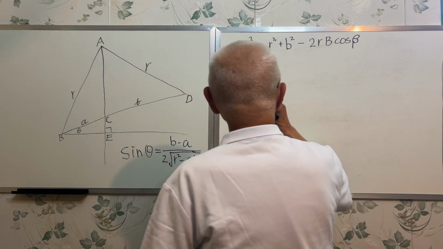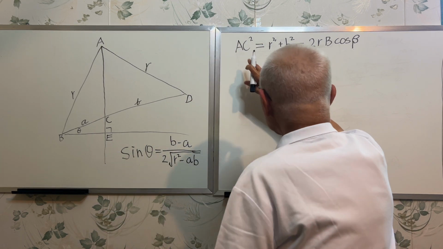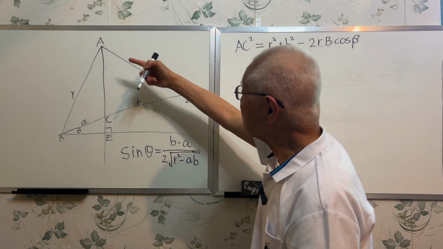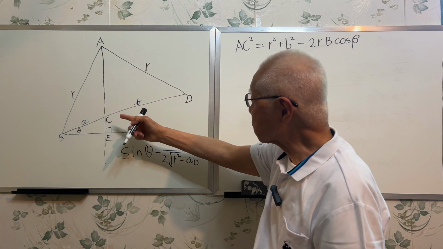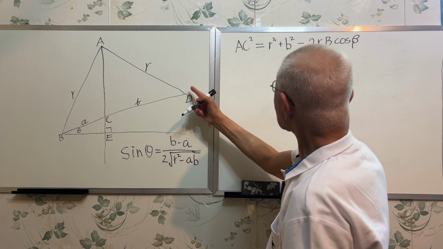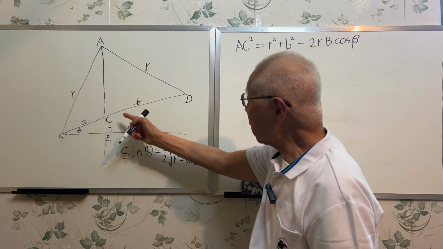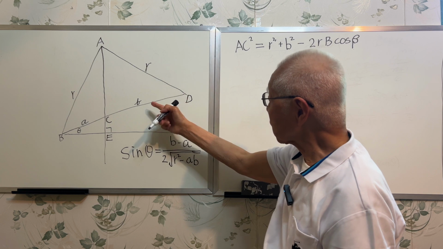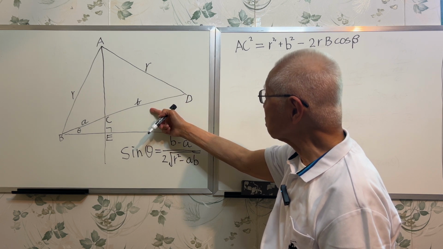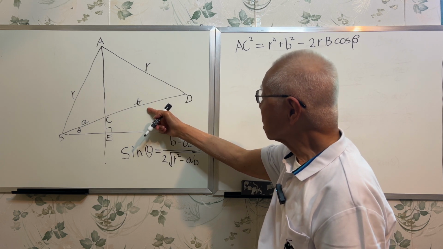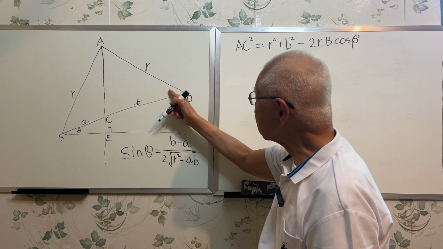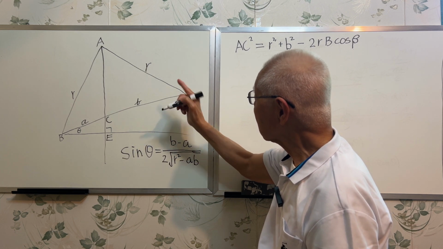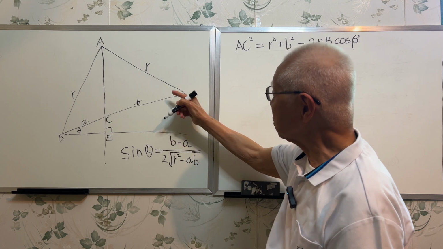AC squared, let's use this triangle. So this square is r squared plus b squared minus 2 times r b cosine this angle. Let me call this angle beta.